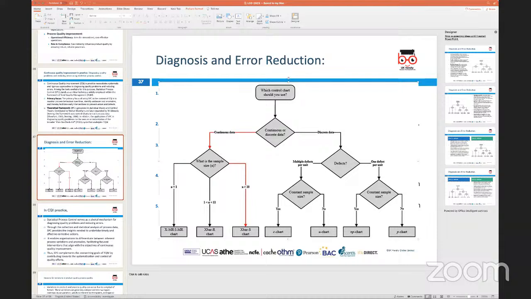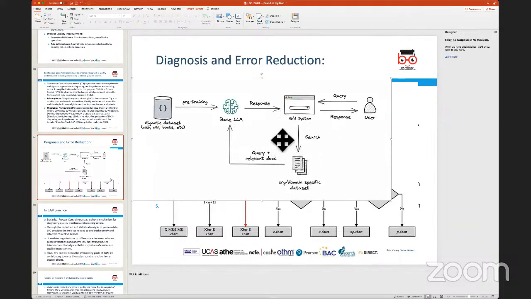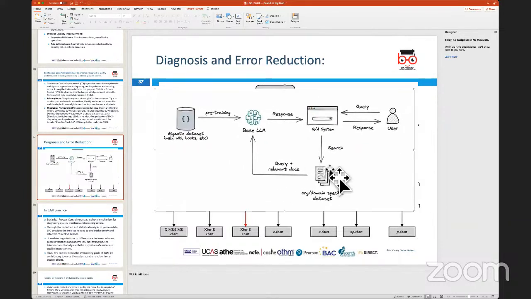So in this case, if I look at a software industry, you would generally see the control chart clearly depicting how the data is, say, retrieved, and how the data is put to use in certain activities, and then the response taken. And in this case, this is an example of a machine learning chart, wherein the RAG engine is trying to retrieve information to give information as per the user request.